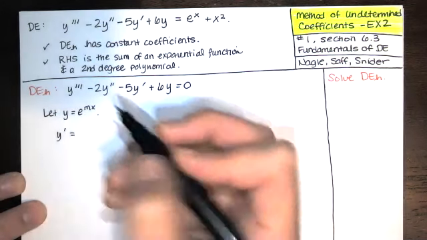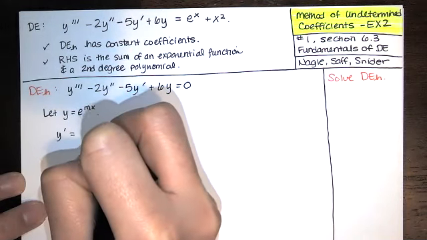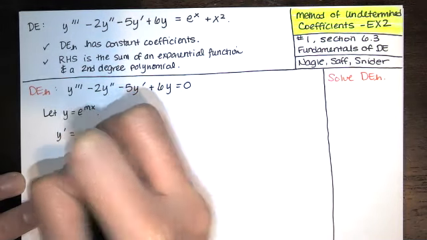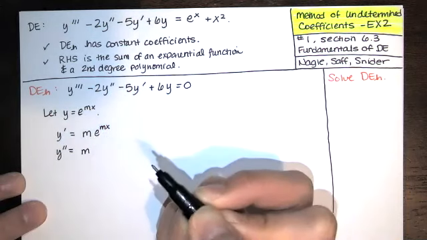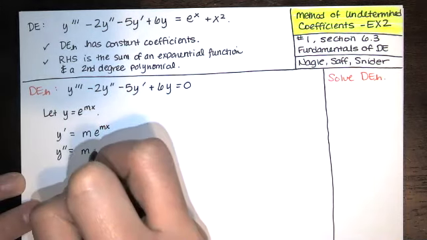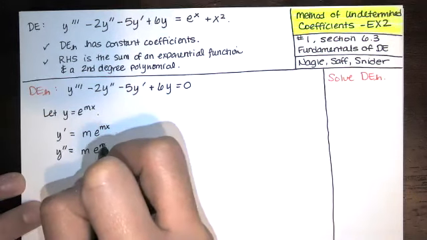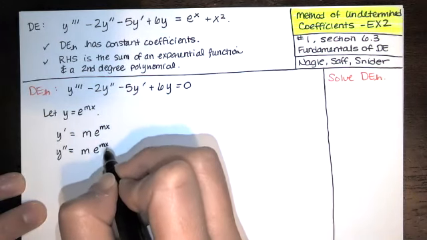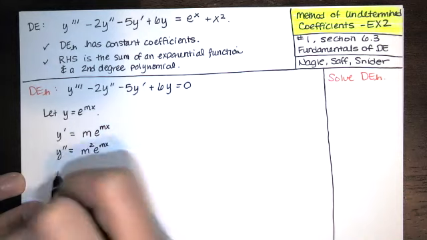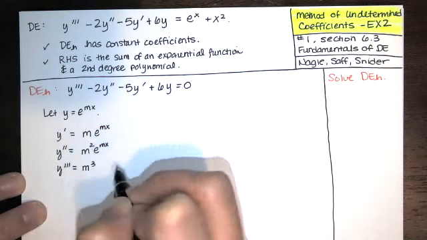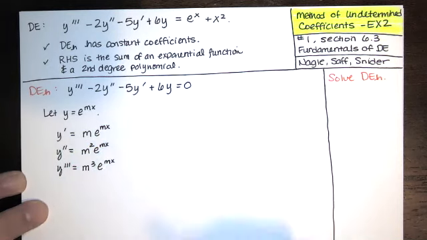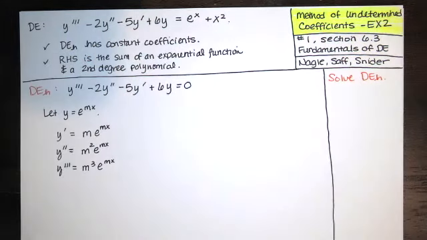The derivative of e to the mx is e to the mx times the derivative of the inside, which is another m. And you bring the m down, then you take the derivative of e to the mx again, which is e to the mx times the derivative of the inside, that gives us another m. And when you take the third derivative, you just get an extra m there as well from the chain rule.